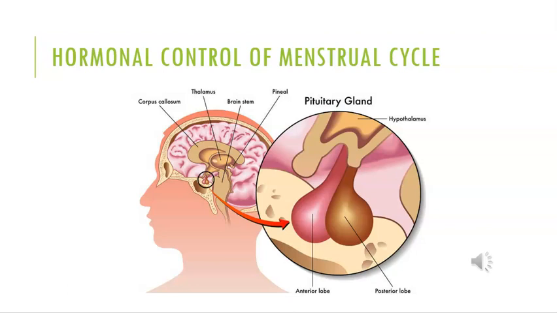Progesterone, like I said in a previous slide, is produced by the corpus luteum, which is a temporary endocrine gland. It is created when that follicle releases the egg. So the egg pops out of the follicle, the follicle starts breaking down and forms this temporary gland called the corpus luteum, and that's where progesterone is produced.